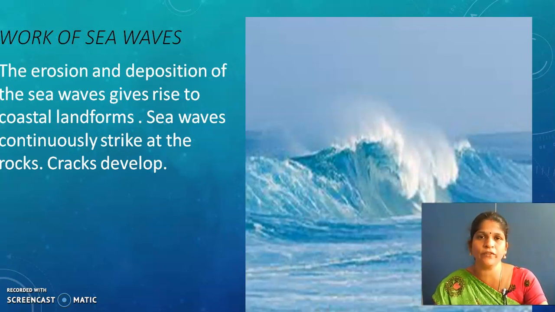In the exogenic forces, first we saw the work of rivers, how a river starts in the mountains. At that time, it falls on the rocks or on the earth at very high speed. Due to that, a lot of changes happen. The rock may be broken into small pieces, and the place may change into a valley.